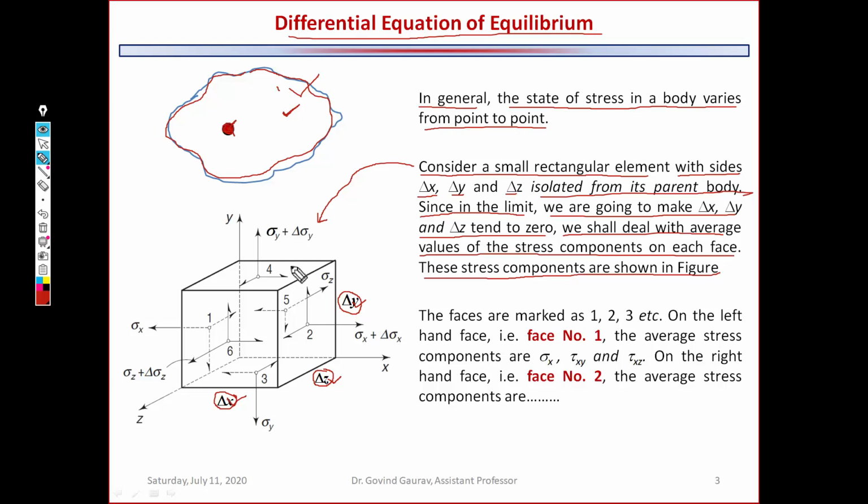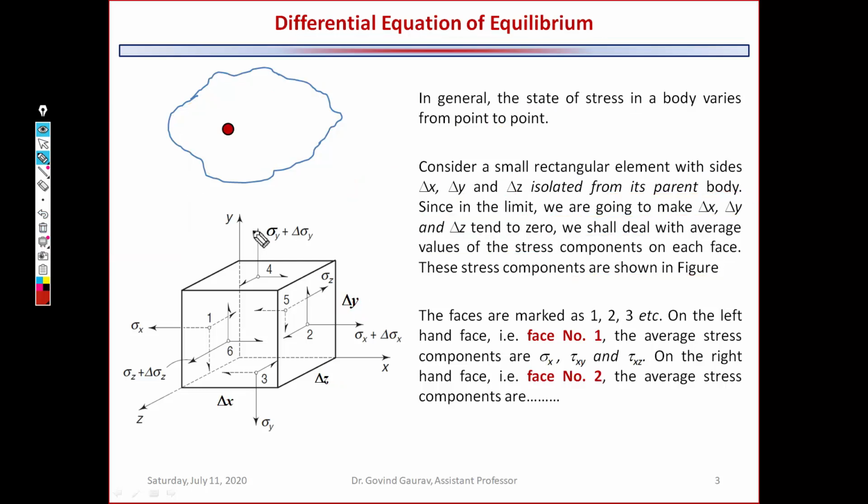These stress components are shown in the figure. In this figure, every face will be subjected to three stresses. One will be the normal stress and two will be the shear stresses.